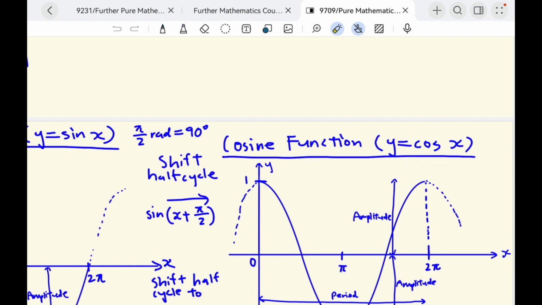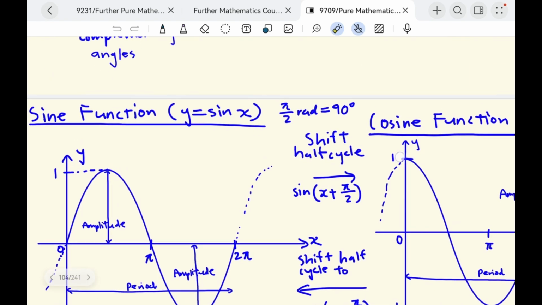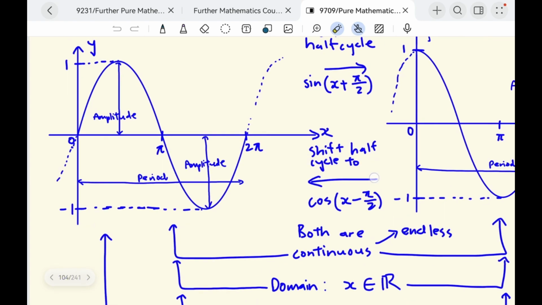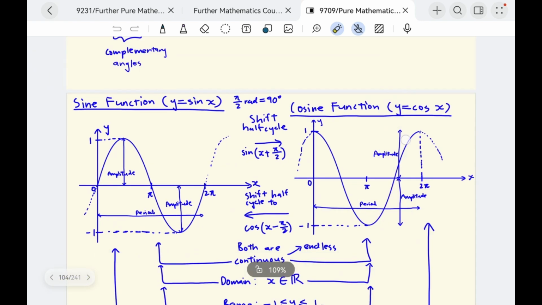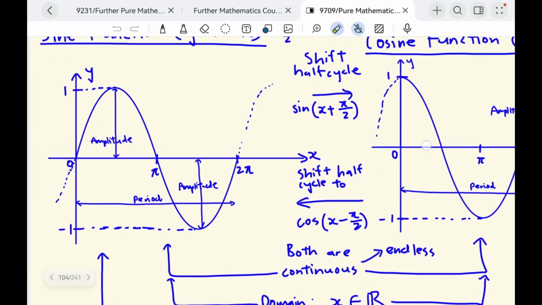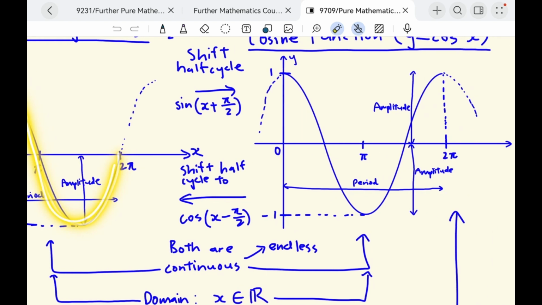Alright? That represents cosine. So let's describe the pattern of the sine function in the Cartesian graph. It is a sinusoidal wave, as you can see, as well as the cosine.